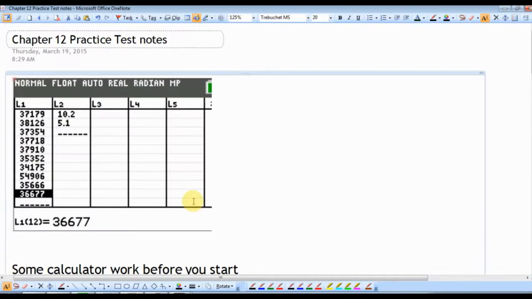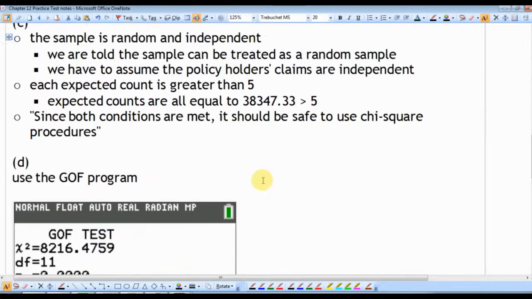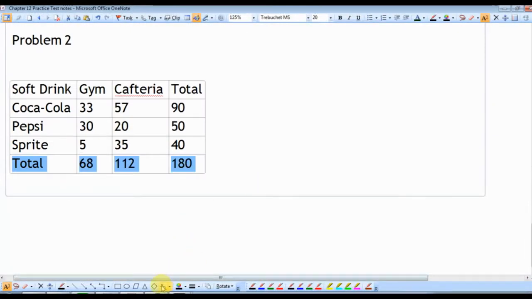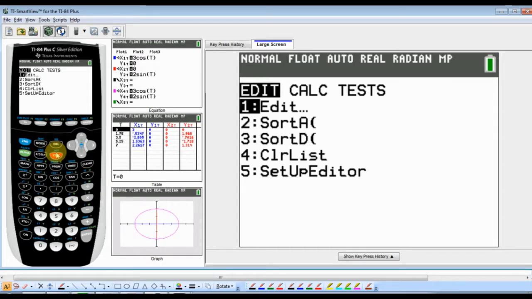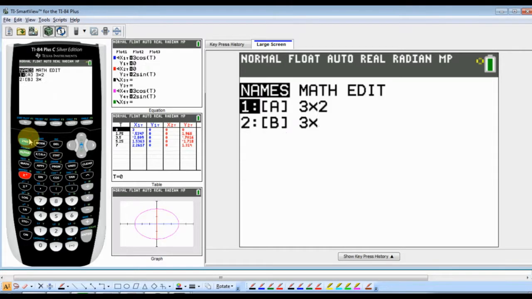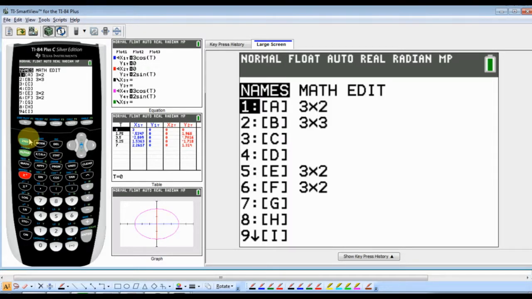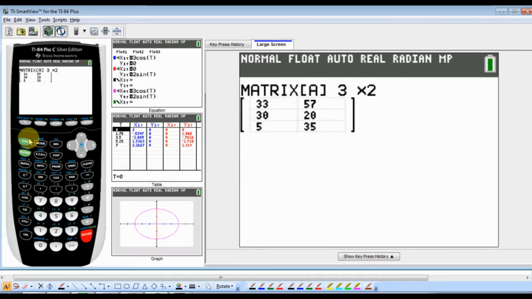Okay. Before we started, I put all those values in our matrix already. So if we take a look at matrix A, for example, there's all our values.